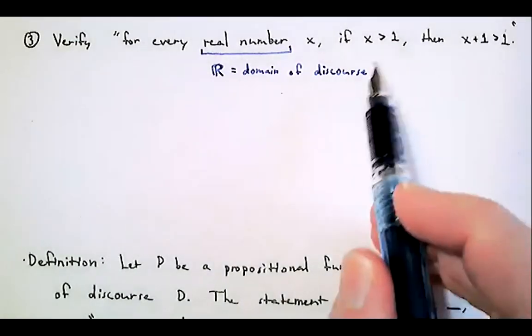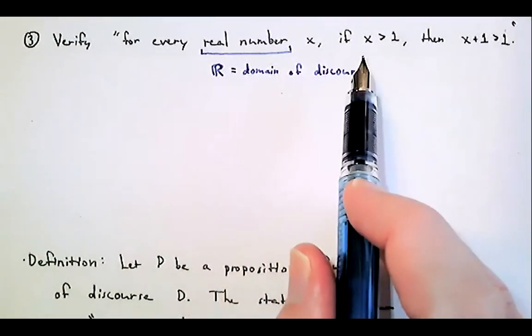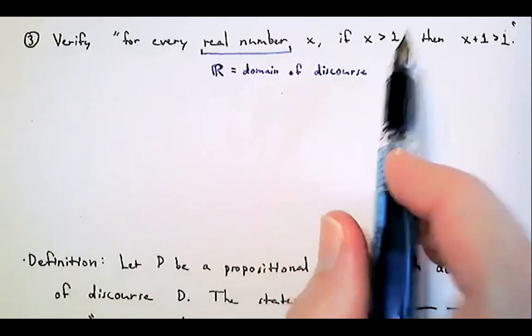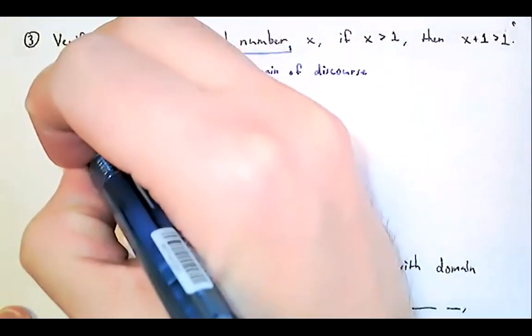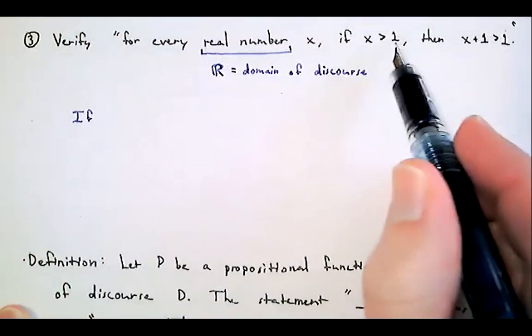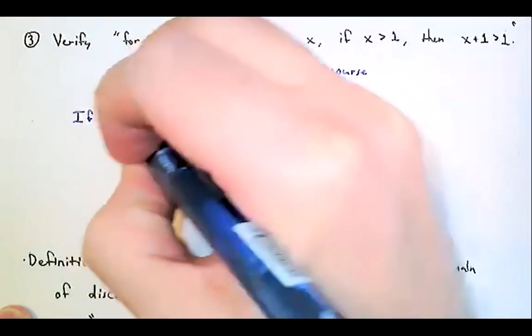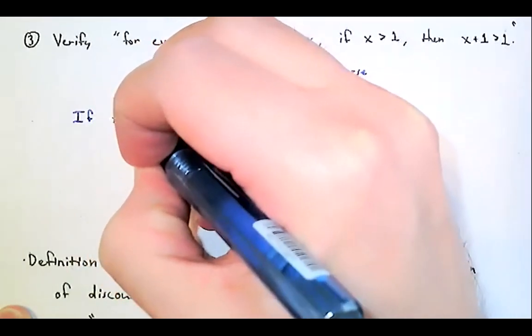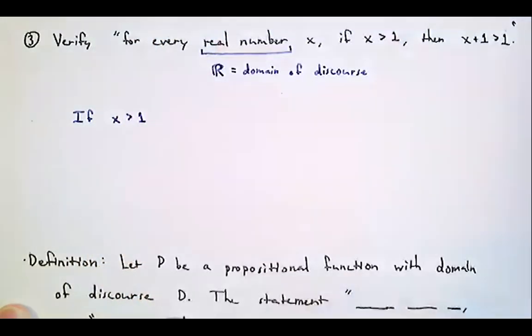Okay, so if I plug in, well, I guess we should break it down into two parts. If x is greater than 1, if the number I'm plugging in is actually greater than 1, what happens?